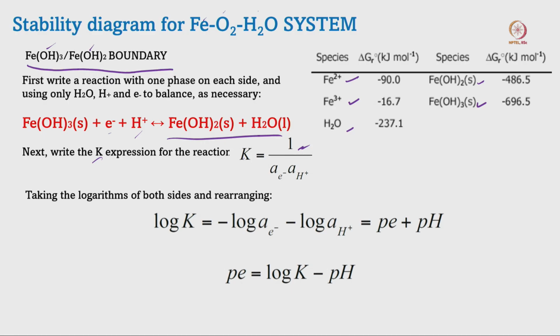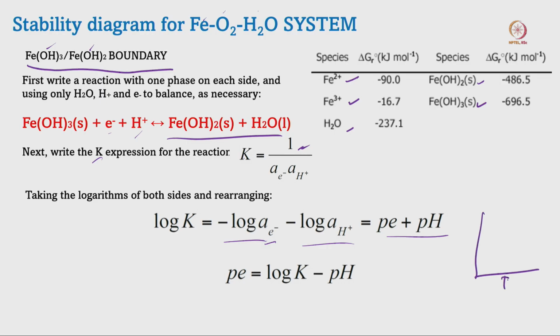Okay. Now, let us take log. So, log K is equal to minus log of a e to the power minus. So, just rewriting this in terms of log terms, and of course, you know that this is equal to pe and this is equal to pH. So, my log K is equal to pe plus pH, or in terms of pe if I write, because I am going to draw a stability diagram.